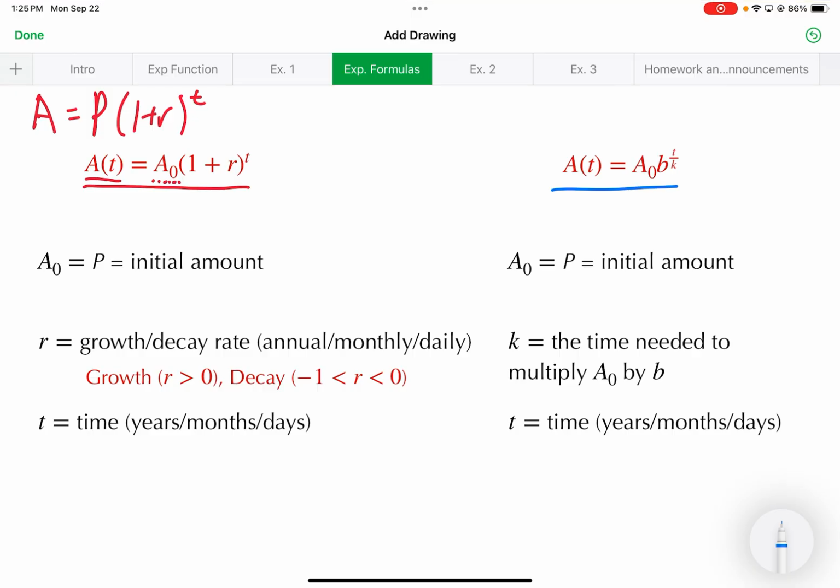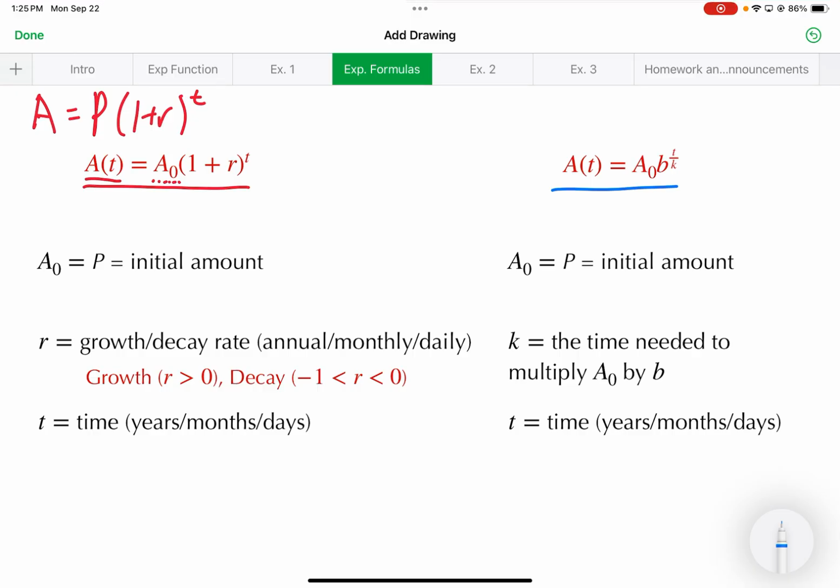But you'll see some practical application problems in your homework where they might say you're investing your money and you want to know how long it'll take to equal 3 times the amount. Or let's say you have something that's going away or decreasing. We want to know how long it'll take to equal half the amount.